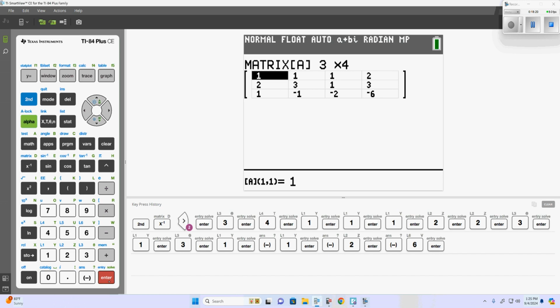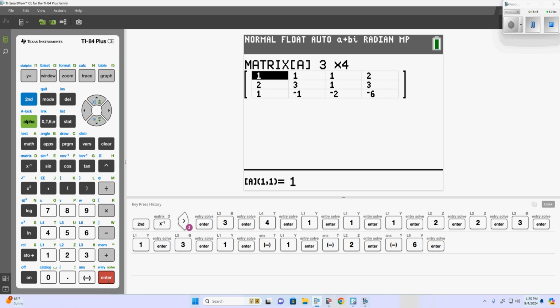So we're typing the whole augmented matrix in. We get that typed in.